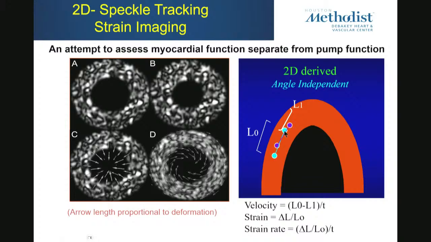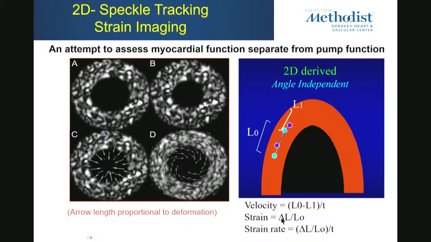You can measure the distance between the two of them and see what happens to that distance from diastole to systole. But you can do that all across in multiple little pairs of those two spots, and you follow them all the way through the myocardium, and then incorporate them into some sort of global and regional assessment.